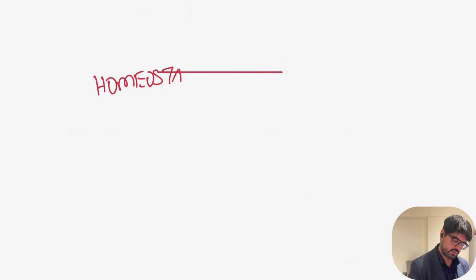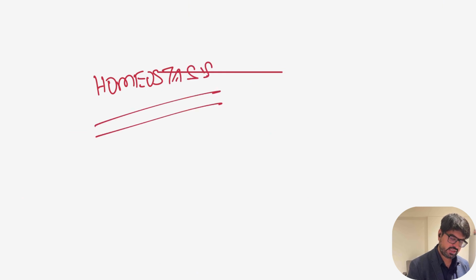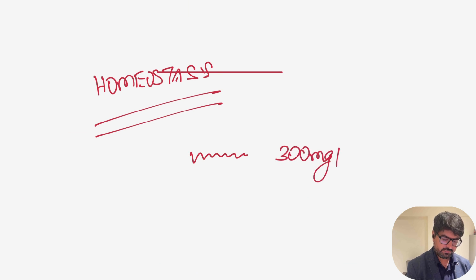Now, why does this happen? The reason is that the body tries to maintain a state of homeostasis. The body tries to maintain a system where things are in a stable state. If your blood sugar is 300, though it is not good for the body, the body wants to keep it in a steady state.